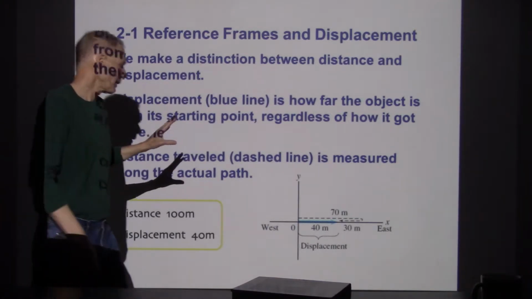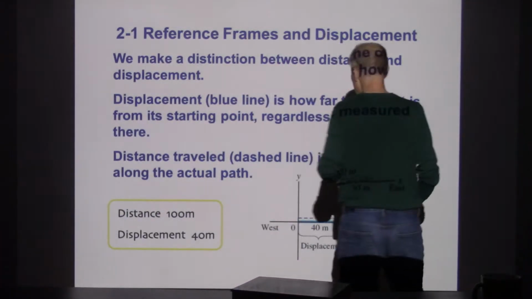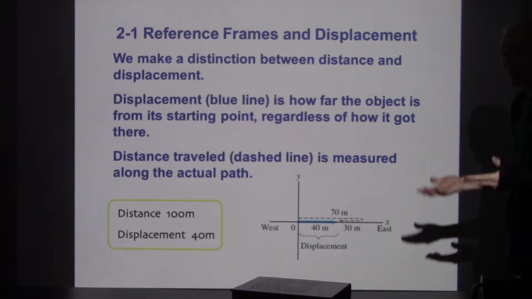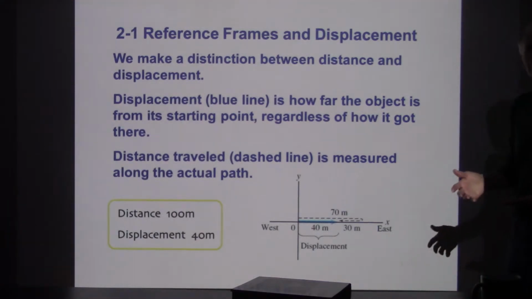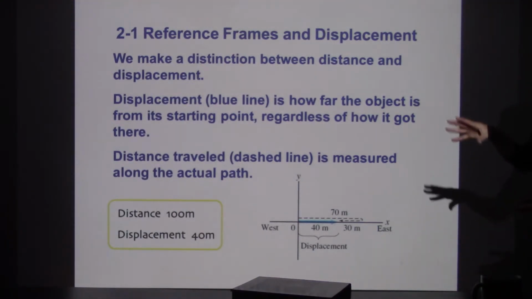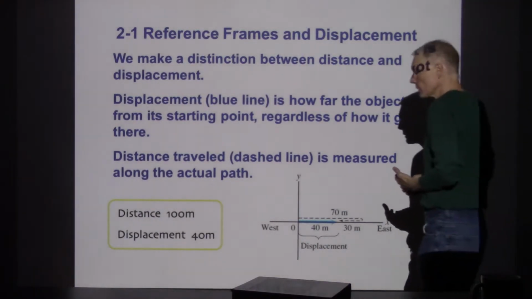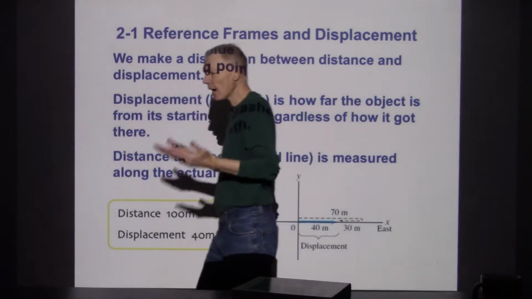Now another thing I want to state one more time is we get to decide what the coordinate systems look like in a problem, and that's one of the skills in physics that you want to develop: in what way can I define the coordinate system that will make solving this problem as easy as possible, but maybe a better way to think about it is as insightful as possible.